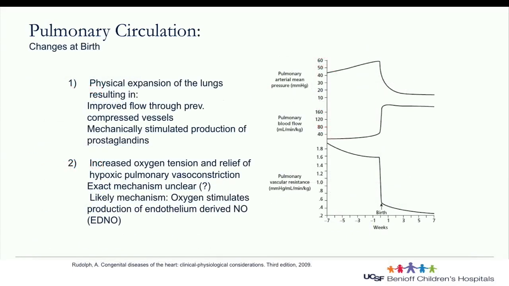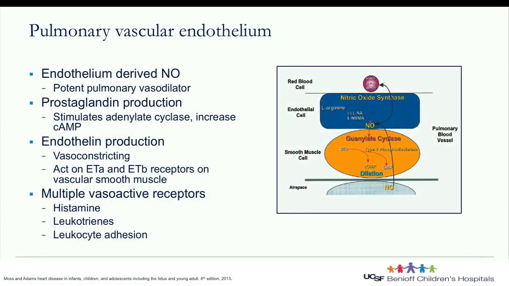We've previously mentioned some of the transitions in the pulmonary vascular bed at birth, where physical expansion of the lungs and increased oxygen delivery to the pulmonary bed result in an abrupt decrease in pulmonary vascular resistance. And the pulmonary vascular endothelium plays a significant role in producing and responding to many of the key mediators, such as nitric oxide, endothelin, and prostaglandin.